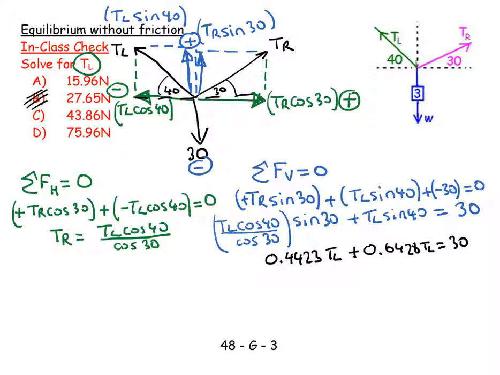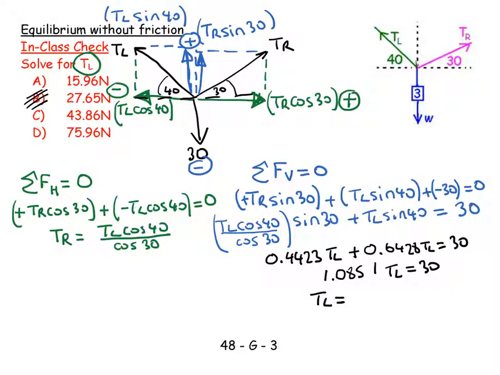If I add these two numbers together, I have 0.4423 added to 0.6428, enter, and I get 1.0851 TL is equal to 30.